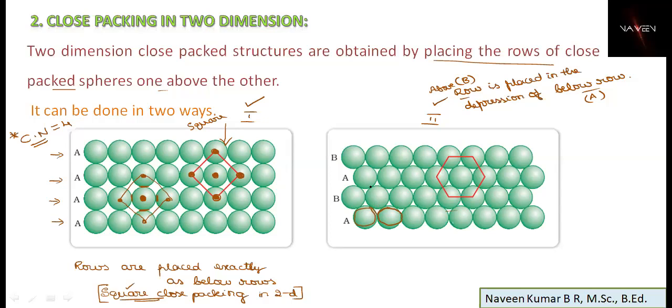So, in the depression, you are placing that. Just assume this diagram I am writing below. If you keep on writing the particles like this, assume this as the first row. And when you are placing the second row B, you try to place the particle in the depression created by the first row.